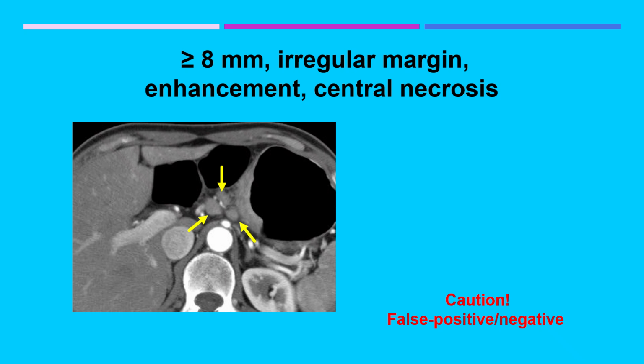Nodes are considered suspicious if they show a short axis diameter larger than 8 mm, irregular margins, heterogeneous or marked enhancement, or central necrosis. However, we must remember that small nodes may still harbor metastasis, and some enlarged nodes are just reactive. So we always interpret CT findings in clinical context.